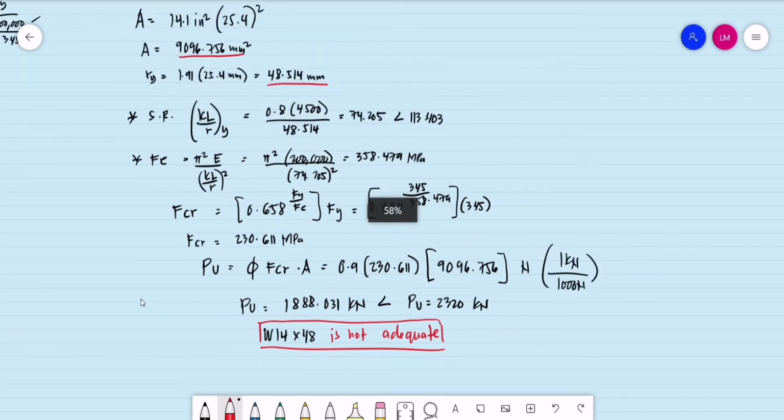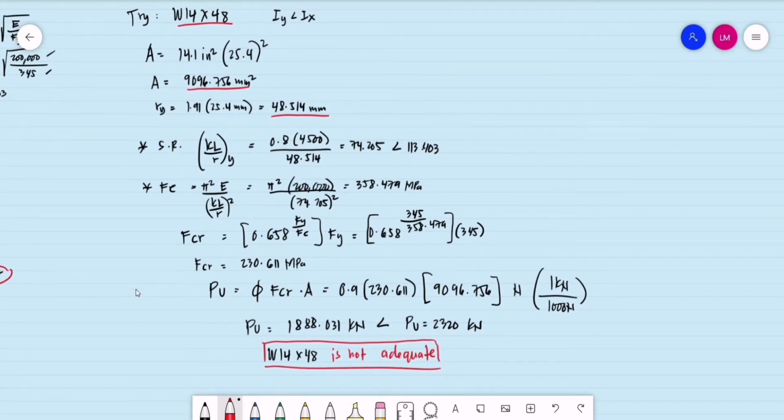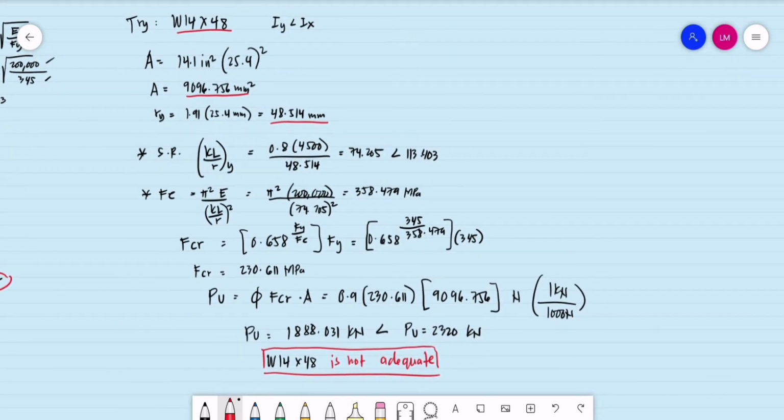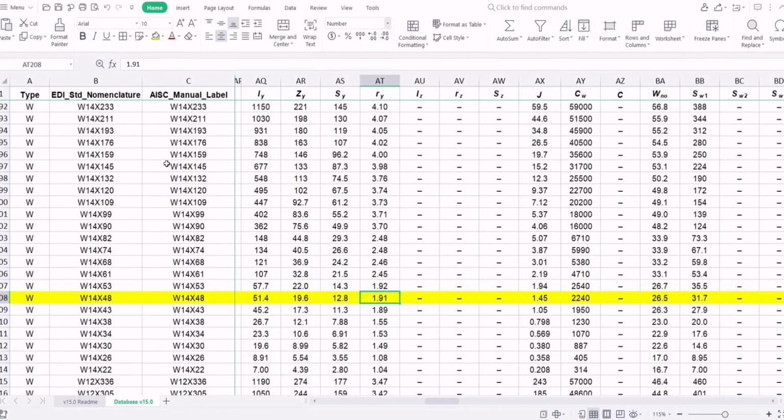So we go back to our database, then try a section larger than W14 by 48. Okay, so let's try a bigger section.